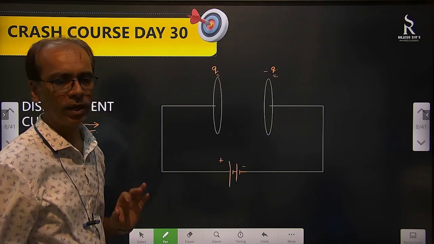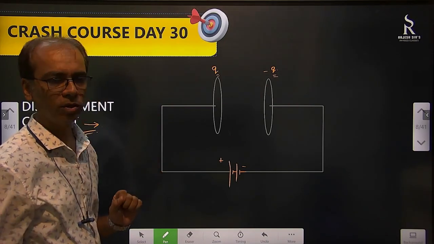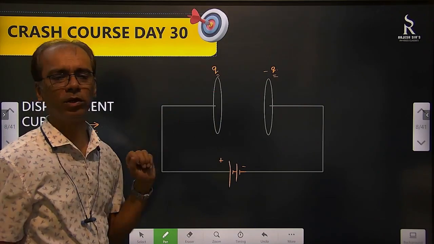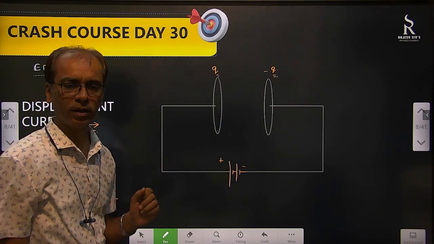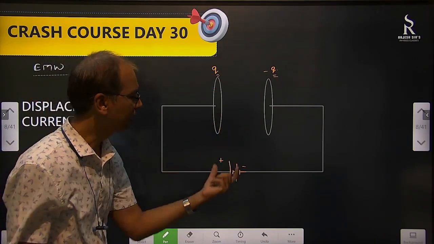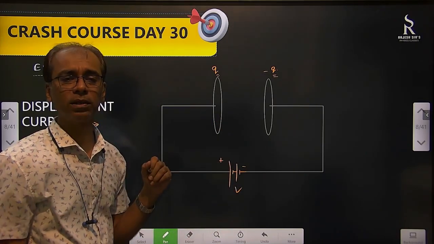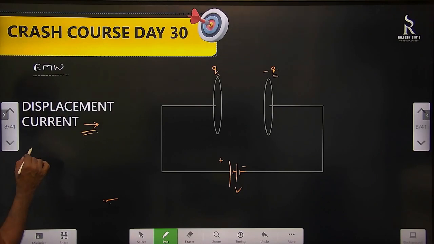So the charge keeps on varying. That means there is a current in this. When the capacitor is fully charged, then what is the current? There is no current after that. Here also potential difference V, here also potential difference V. In that case, there will be no current flowing when it is fully charged.